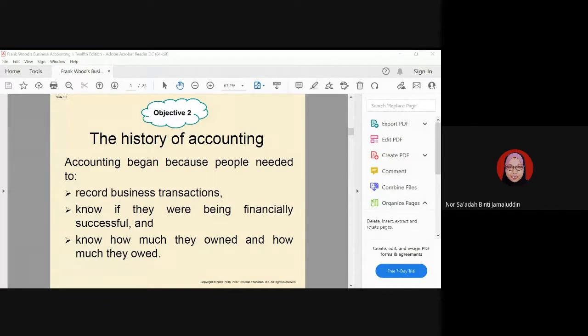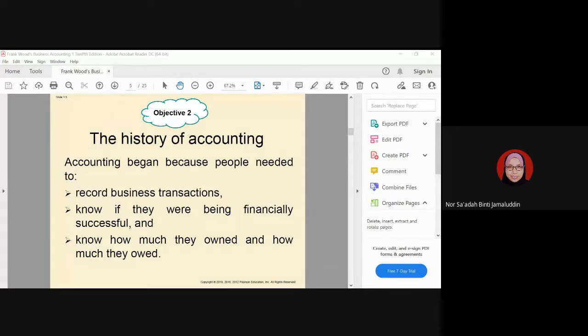It relates with the history of accounting because you want to know if they were being financially successful from the statements that you prepare. Other people can use your financial statements to know whether your company, your organization, or your business is financially successful.